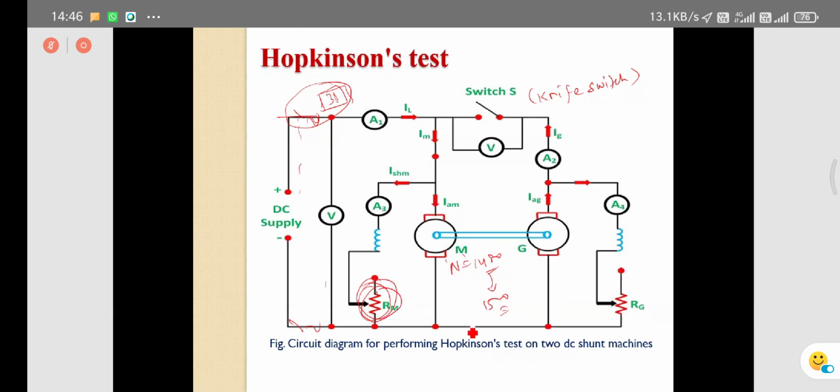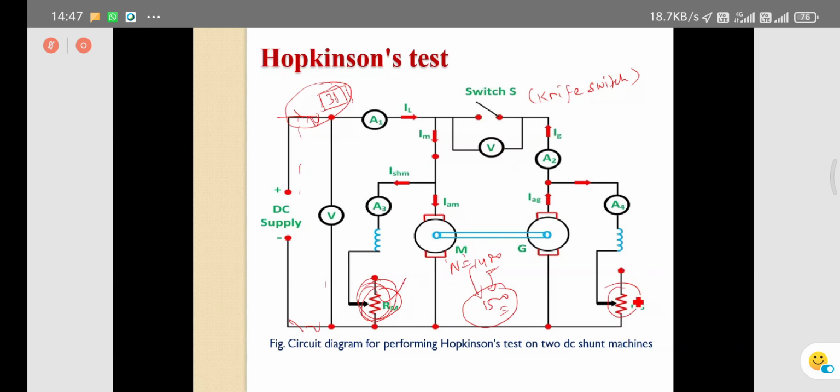After getting the rated speed, you can adjust the generator side rheostat. While adjusting the generator rheostat, watch the voltmeter until it reads 0. To get the motor speed to 1500 RPM, we adjusted the motor side rheostat.